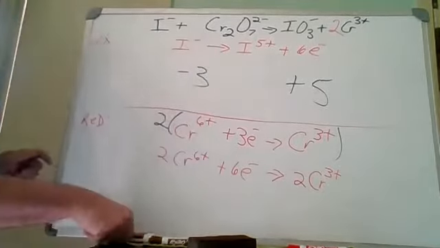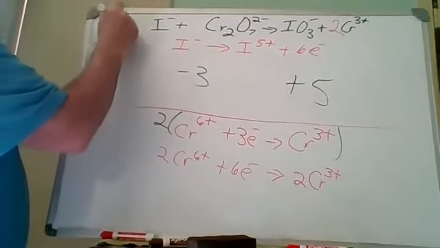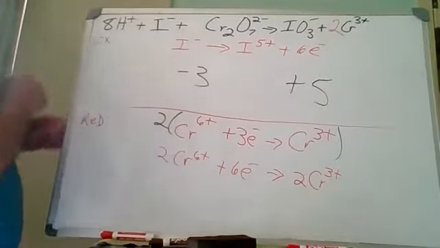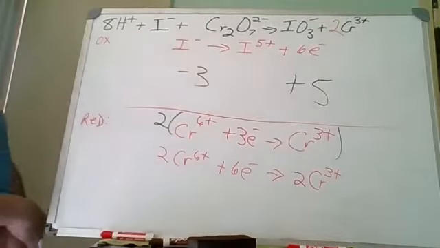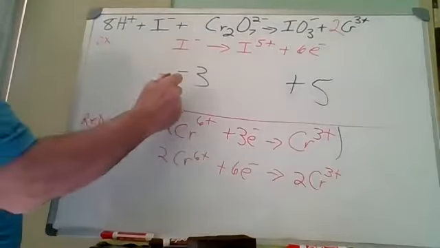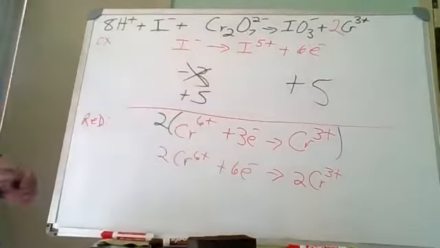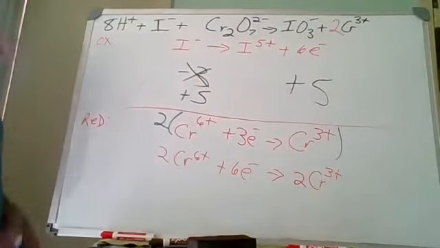So I'm going to add 8 H plus cations over here. -3 plus 8 now gives me +5. The charge is balanced on both sides.